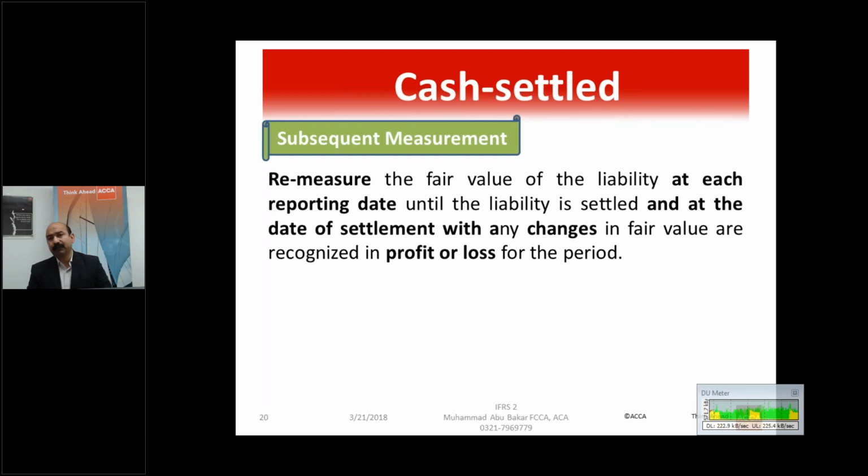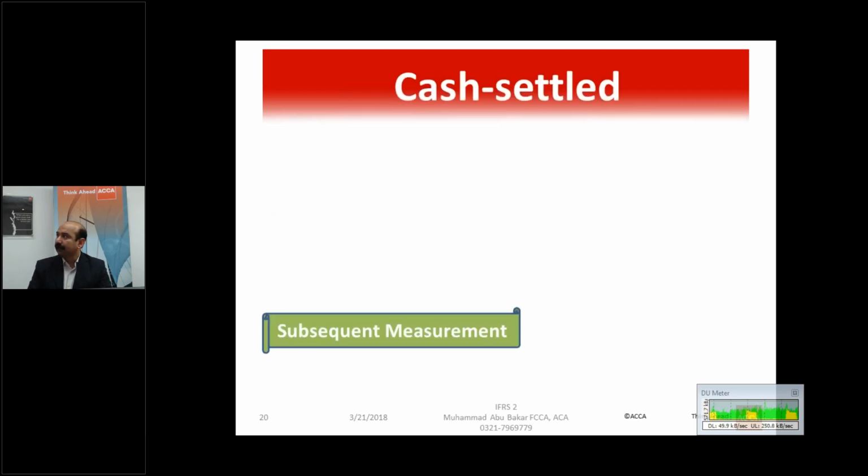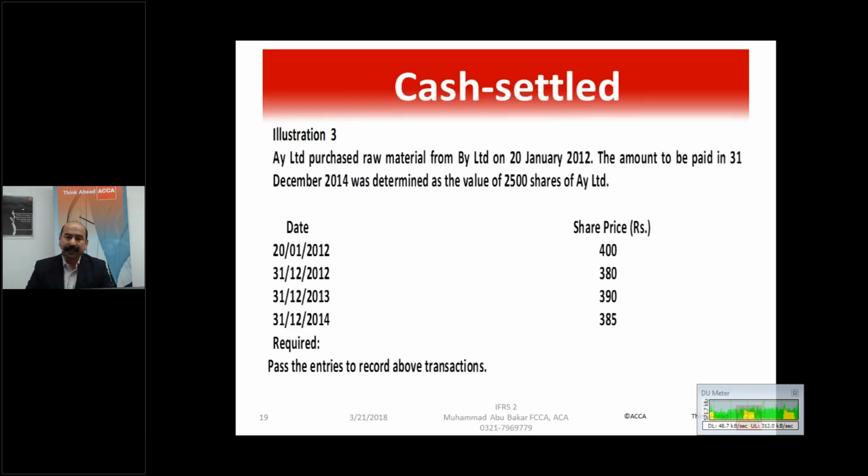Until then, we used 380 to calculate our liability. Then at the end of 2013, we used 390 to calculate the liability, and we paid at 385, and the difference was charged to the profit and loss account.